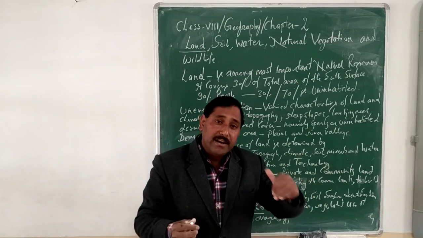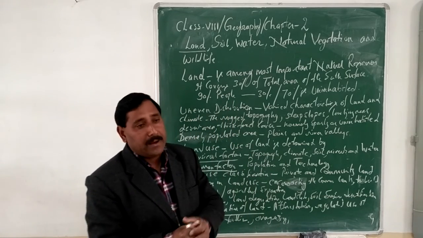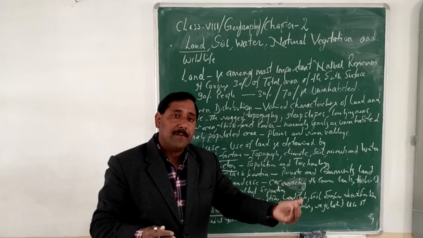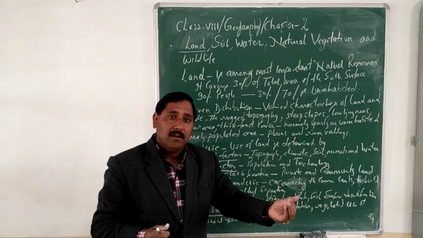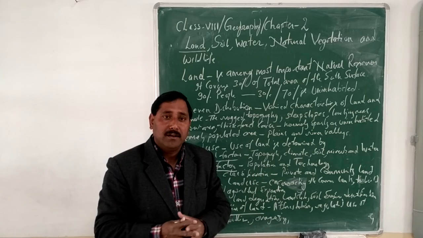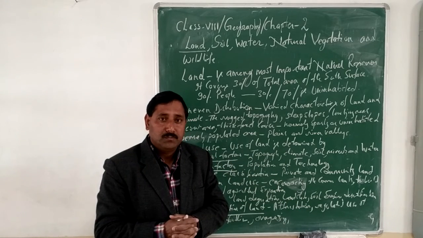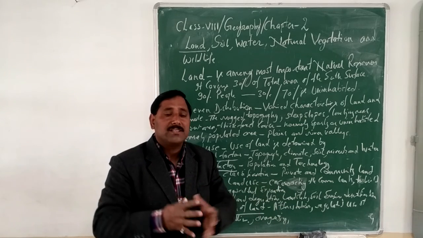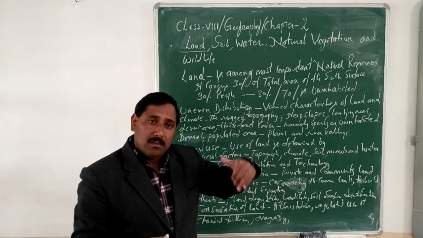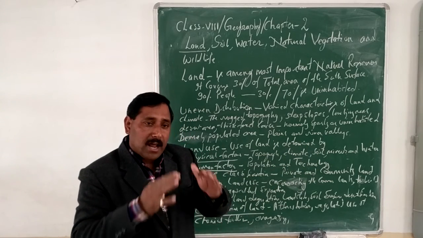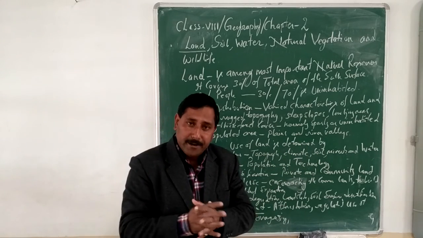You know that a different type of activities takes place in cold climatic areas. People live a different type of life. Their living habits are different. They grow different types of crops. You take the example of our country, the Himalayan part, the mountainous areas where the people live, their type of settlements are different.